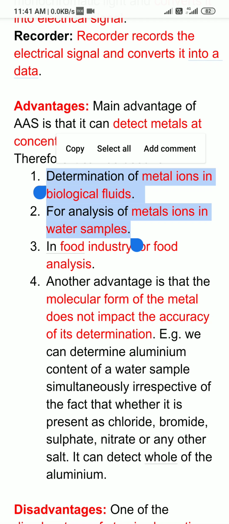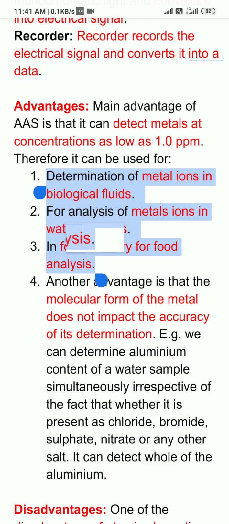So we can detect different metal ions present in the water so as to ensure whether it is fit for drinking or not. So atomic absorption spectroscopy can be used for that purpose.